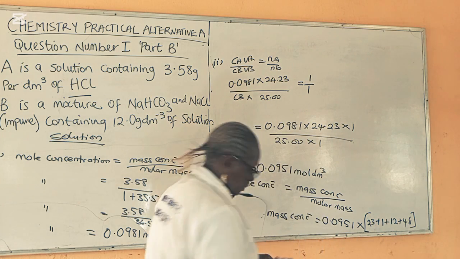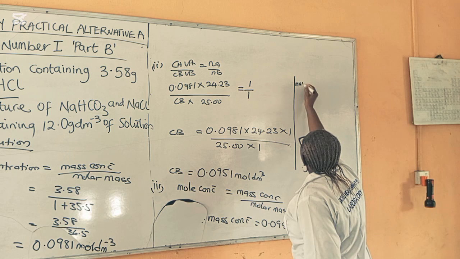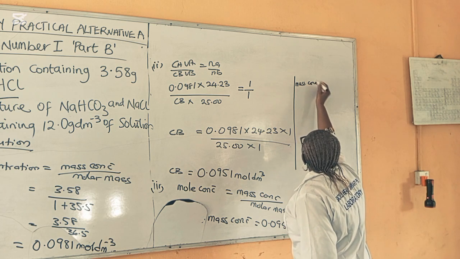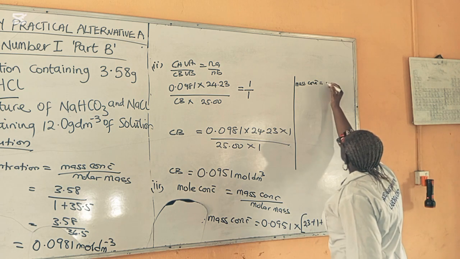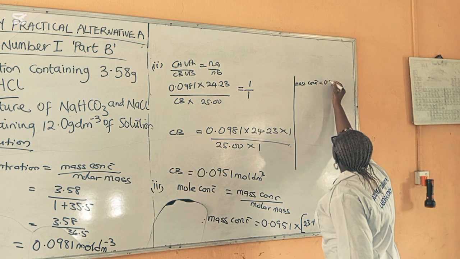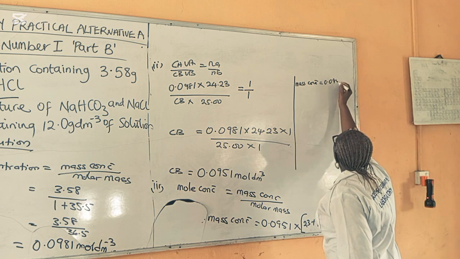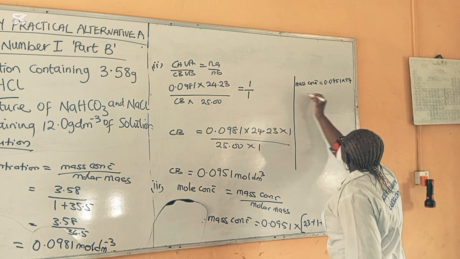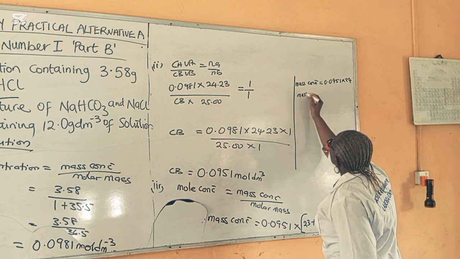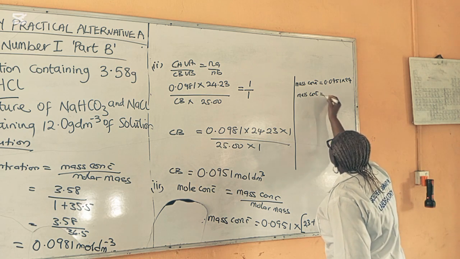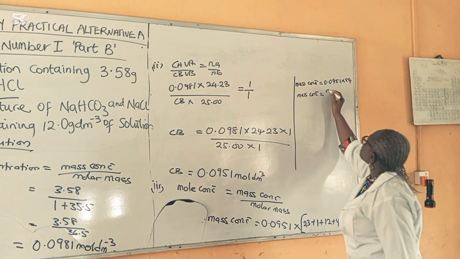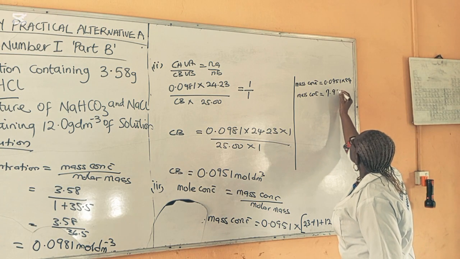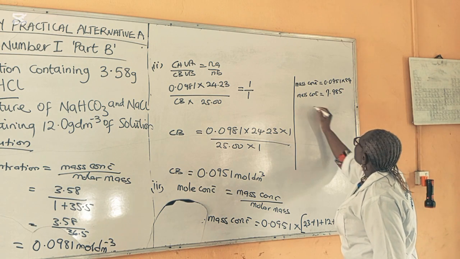So we continue. Mass concentration is equal to 0.0951 times 84. And what's the answer? The answer is 7.985.